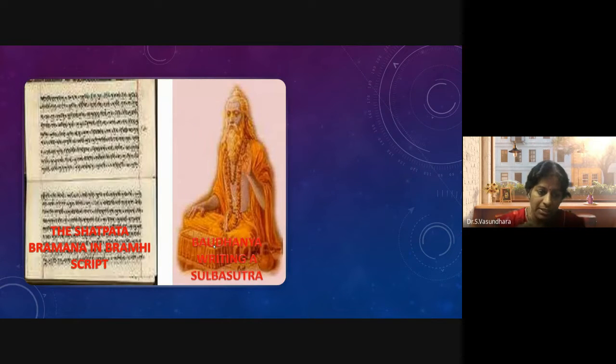So what is this Shatapatha Brahmana in Brahmi script? This is the oldest extant text that explicitly states and makes use of the so-called Pythagorean theorem. Besides giving various interesting approximations to surds, Pingala's Chandasastra, a text that deals with prosody, lays the foundations for various combination techniques.